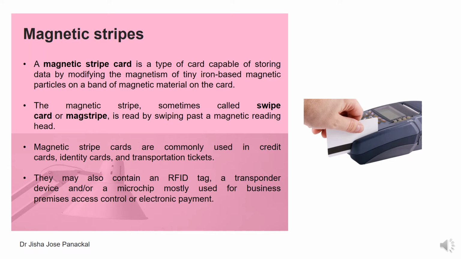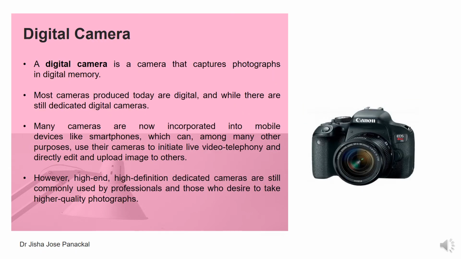We can use it as a microchip which is programmed, and that chip contains the data, and when we swipe it in the device, it will identify the data stored inside that microchip. This is all familiar to us.